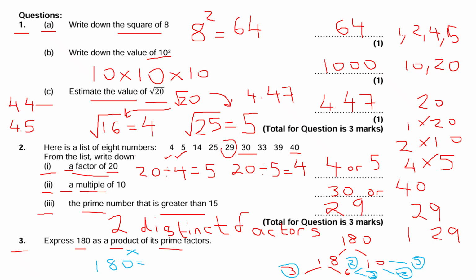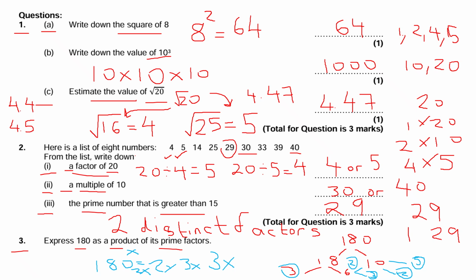Well, that's going to be 2 times 3 times 3, sorry, 2 times 2, I missed out a 2 there. So 2 times 2 times 3 times 3 times 5.